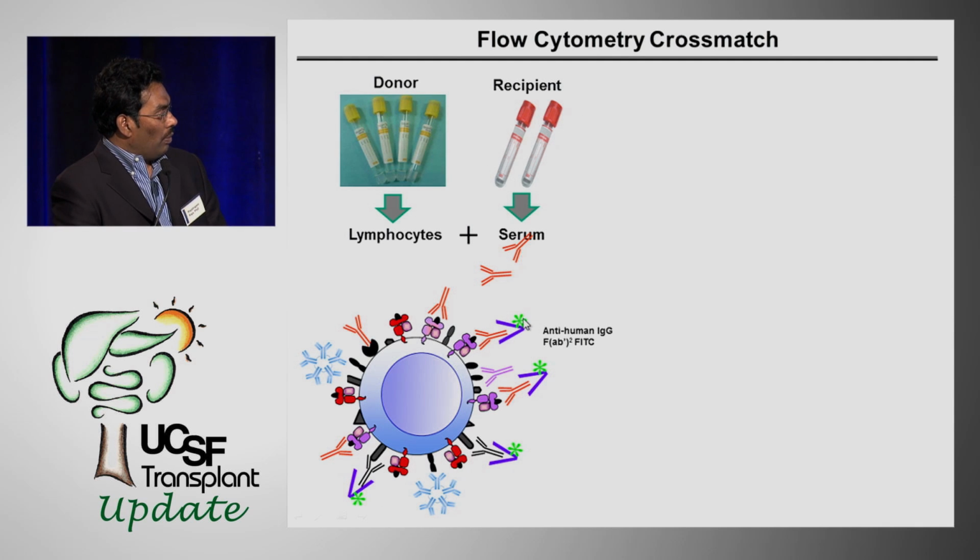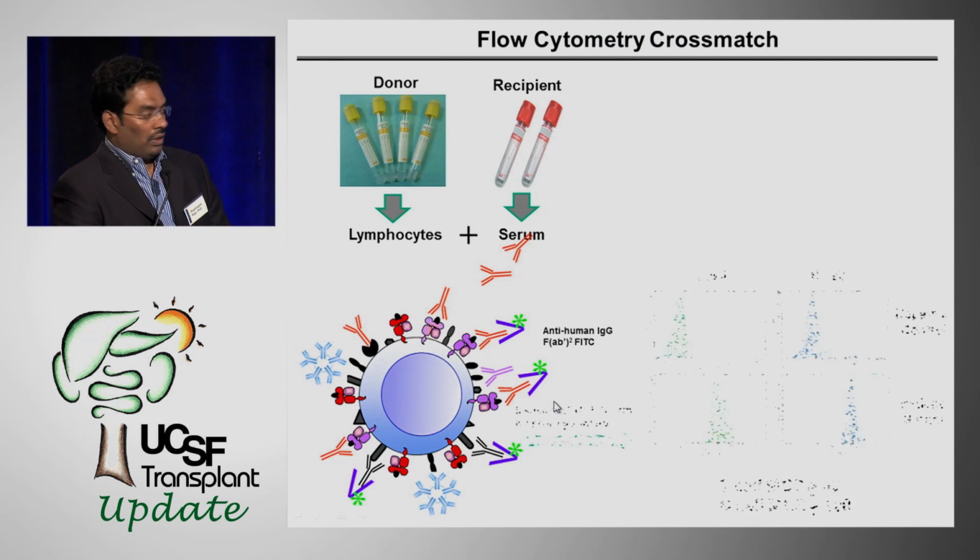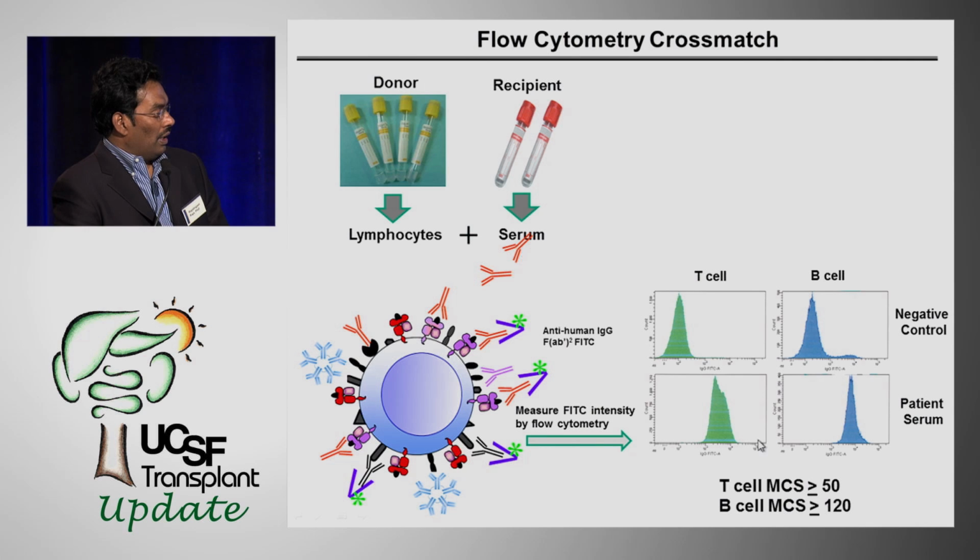The secondary antibody has a fluorochrome, which can be detected by flow cytometry. So the more antibodies it binds, the higher the stain will be. So you can detect it in the flow cytometer.